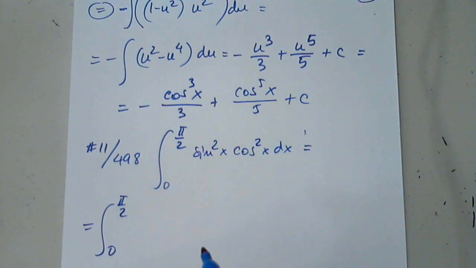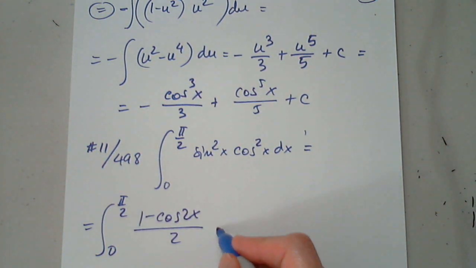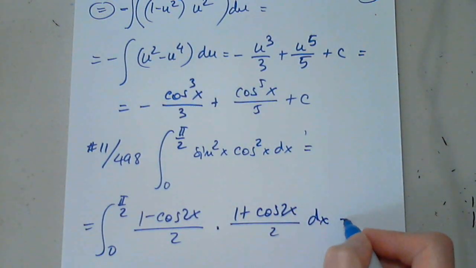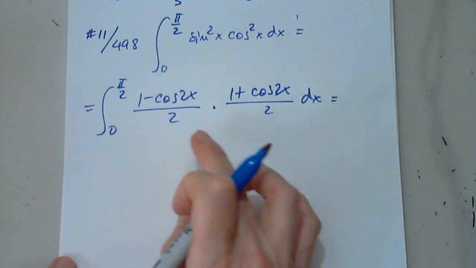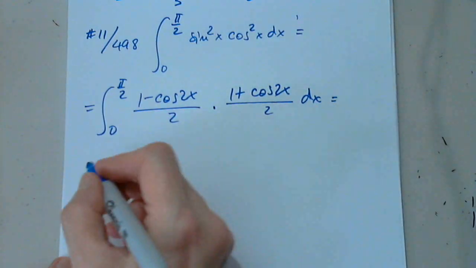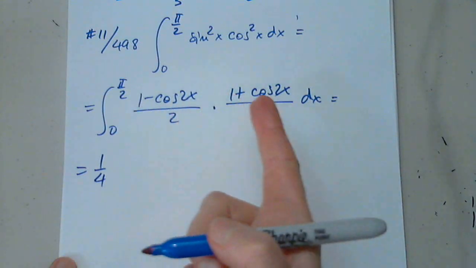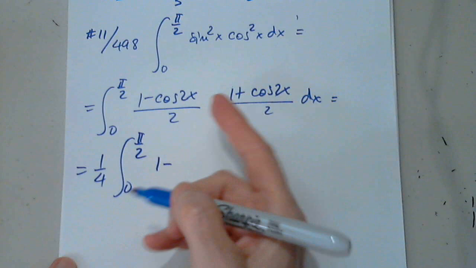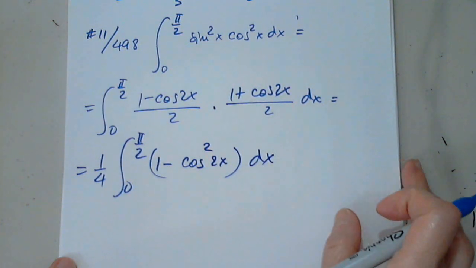From 0 to pi over 2, this is 1 minus cosine of twice x over 2, and this is 1 plus cosine of twice x over 2 dx. Okay, moving on. 2 times 2, I'll go outside. 1 minus b times 1 plus b is 1 minus cosine squared of twice x dx.